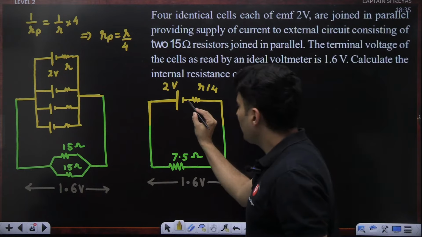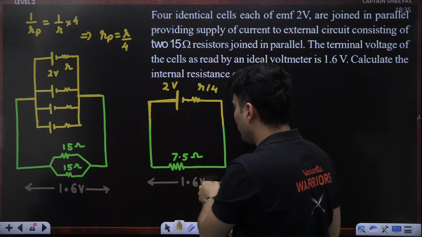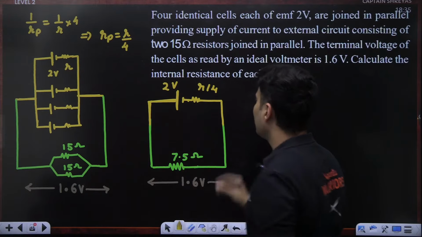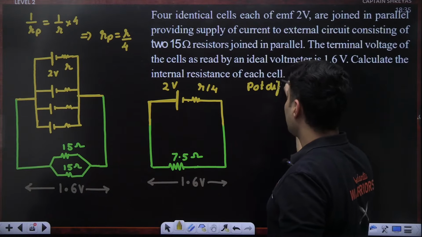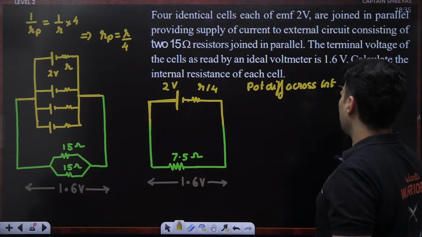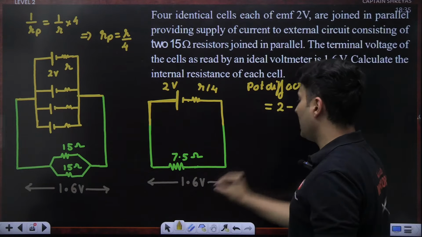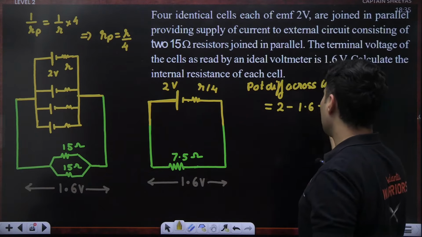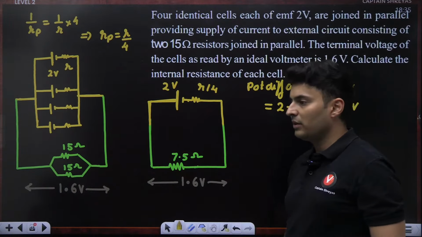From here to here, the change of the potential difference is 2. Out of that, 1.6 is here. So the potential difference across the internal resistance will be 2 minus 1.6, which is basically 0.4 volts.